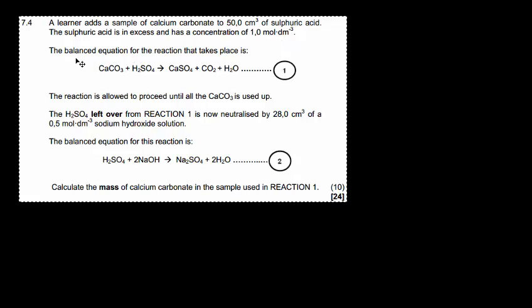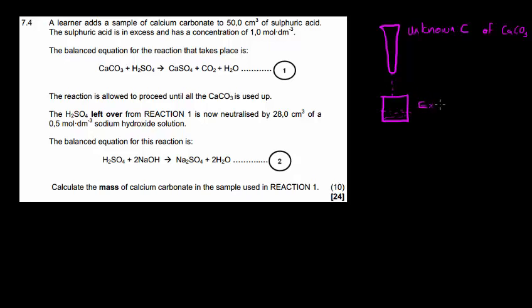In the balanced equation, the reaction is allowed to proceed until so, look now, what's the problem? If I draw it, we're adding our base, dripping in an unknown concentration of calcium carbonate into a known concentration that's in excess.